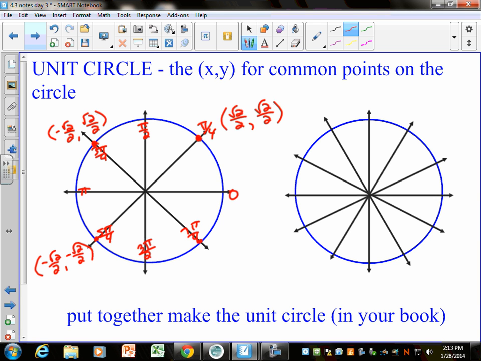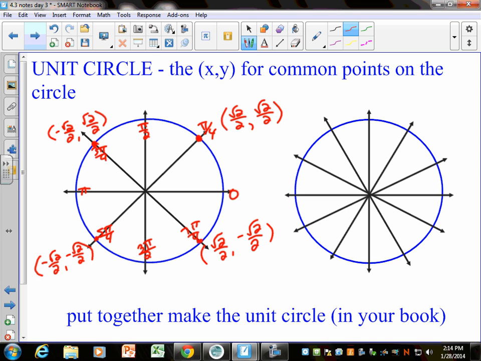And in quadrant 4, same distance away, only in quadrant 4, X is positive, so positive square root of 2 over 2, and then the Y is negative. And eventually, hopefully, we'll get to a problem in a minute, and you'll see how we can use this. So that's our 45, 45, 90 triangle, kind of put on the unit circle.